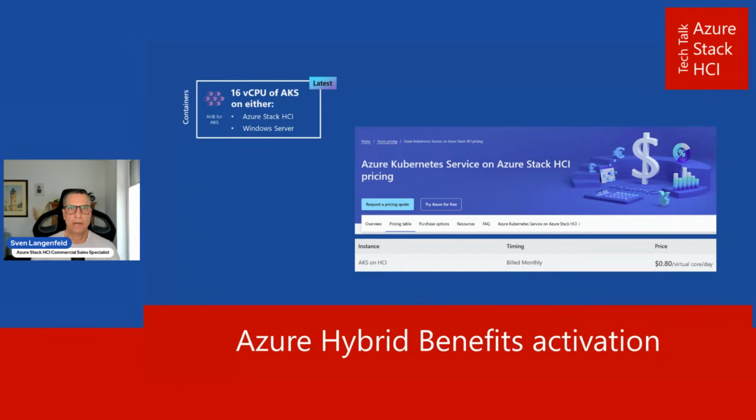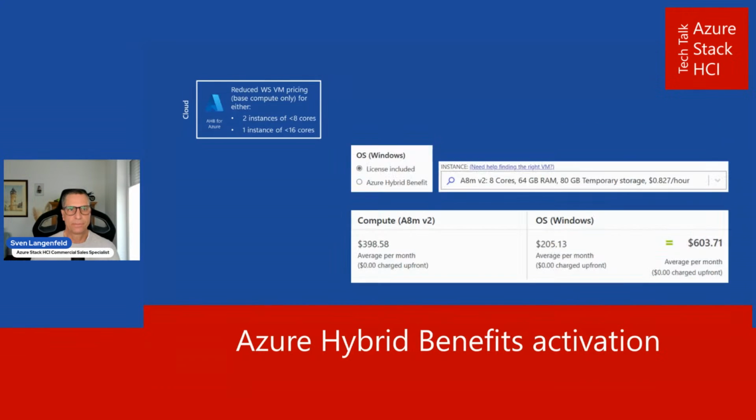And if you have Windows Server Datacenter plus Software Assurance or a Windows Server Datacenter subscription, and you activate the Azure Hybrid Benefit, then you get Azure Kubernetes for free. So depending on how many virtual cores you use, you can do your math by yourself and try to find out how much cost you save through the Azure Hybrid Benefit.